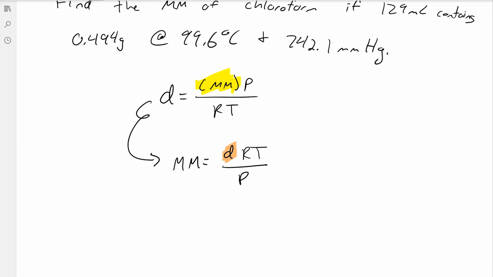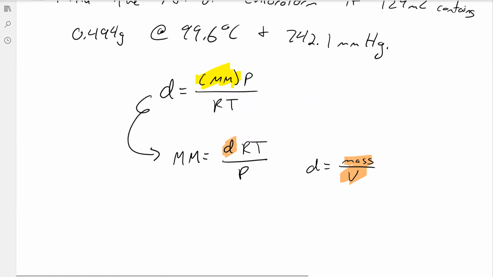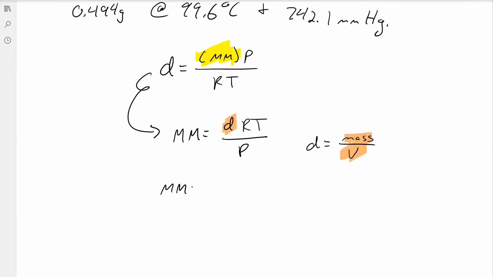Density is equal to mass over volume. So we can resubstitute that back into our equation, because we're not given a density in our word problem, but we are given a mass and a volume. So this equation becomes mass times RT over PV. After that, we just do some simple plugging and chugging.